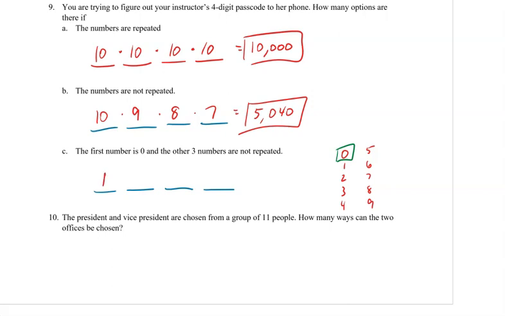Well, there's only one, because it has to be 0. We don't have the option of putting anything else there. Which also means that 0 is now gone. So for the very next number, if they're not repeated, we only have 9 numbers left. And then it's similar from there. That takes away another number, let's say 6, which gives us 8 numbers left, and then 7 numbers left. If we multiply all of these together, we will get 504 ways.